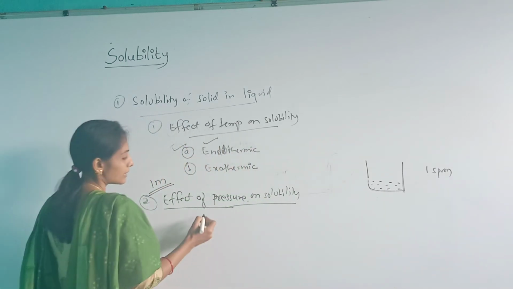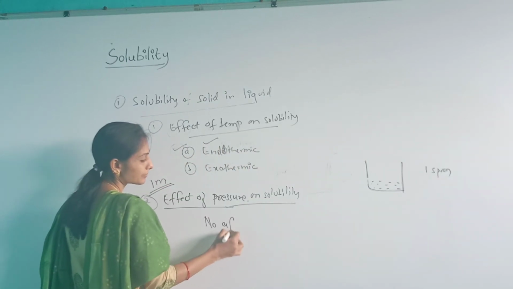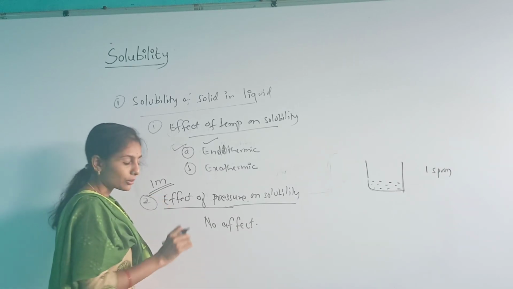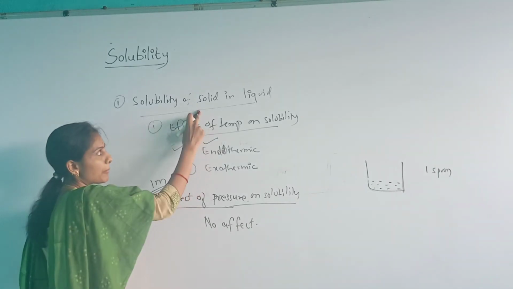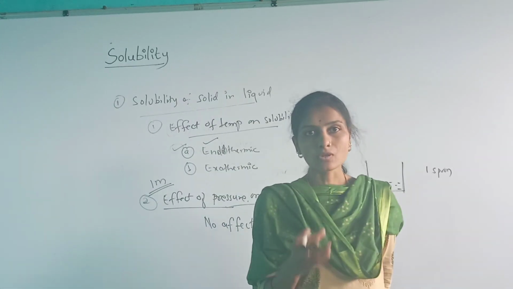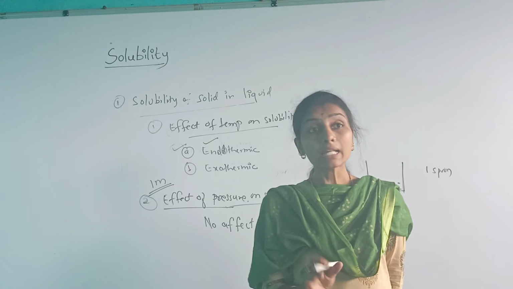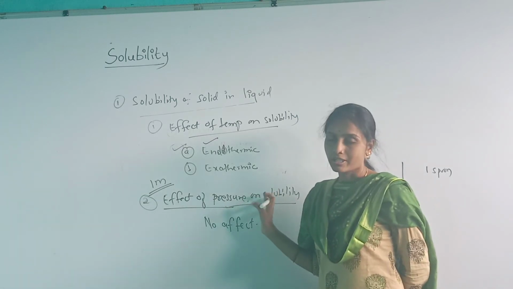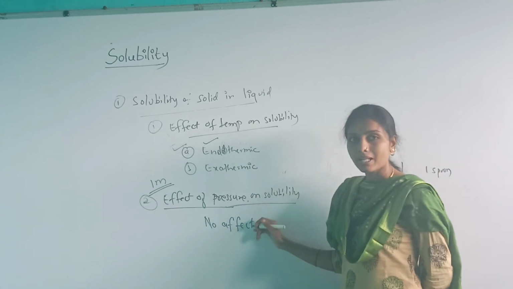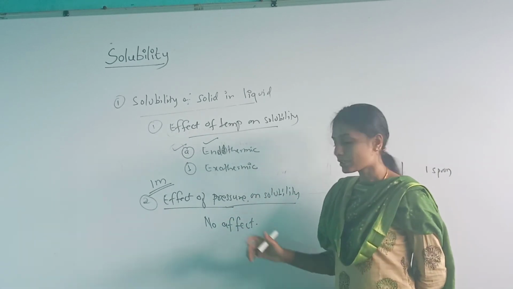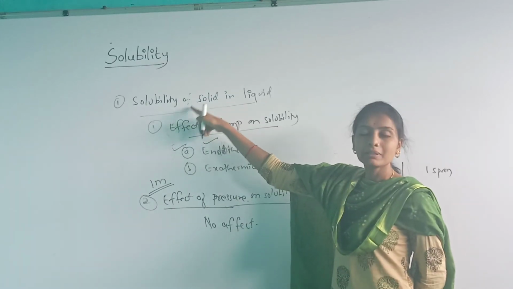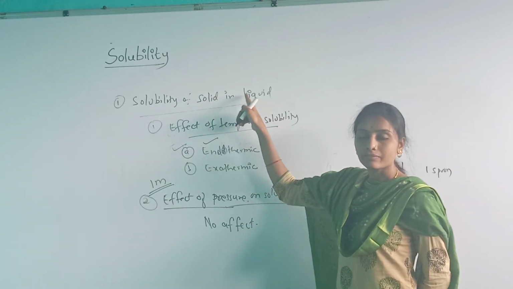See here, there is no effect. There is no effect of pressure upon the solubility of solid in liquid, because solid is purely independent of pressure. It will depend more upon the temperature. Hence, there is no effect of pressure upon the solubility of solid in liquid.